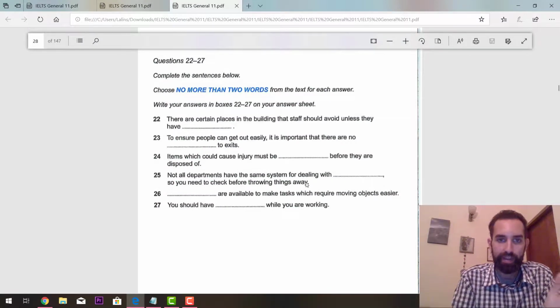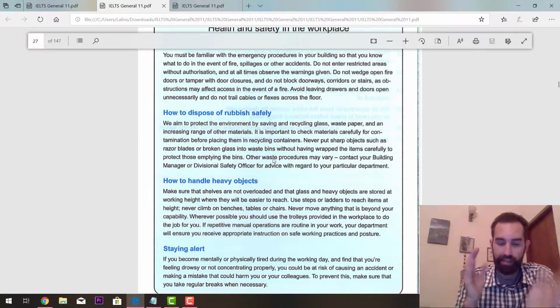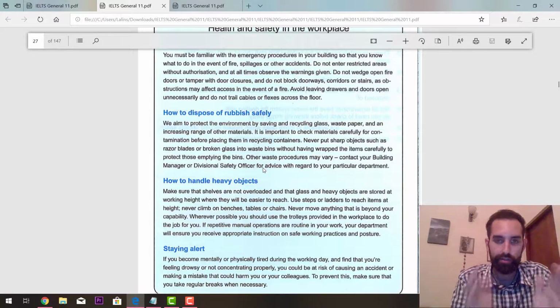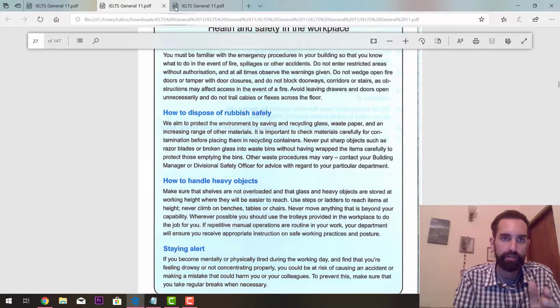Not all departments have the same system for dealing with waste / rubbish. You can use either waste or rubbish. Those are the two words mentioned. It may vary. Contact your building manager or divisional safety officer for advice with regard to your particular department. That's what it's mentioning here.